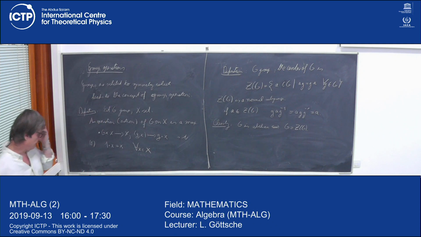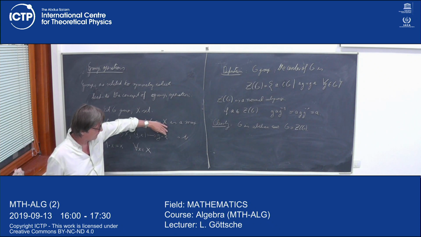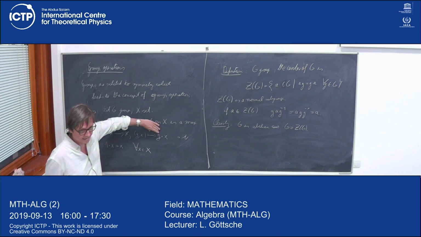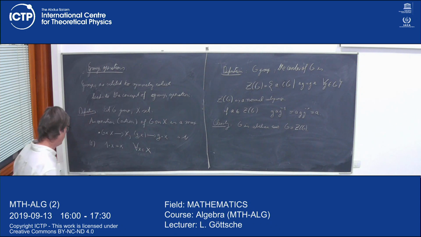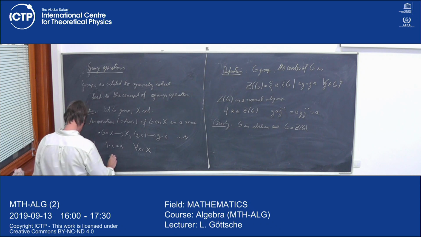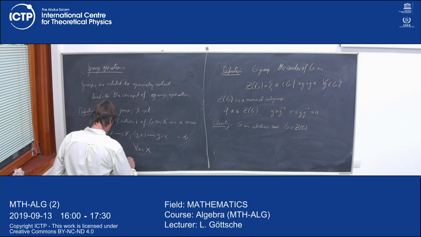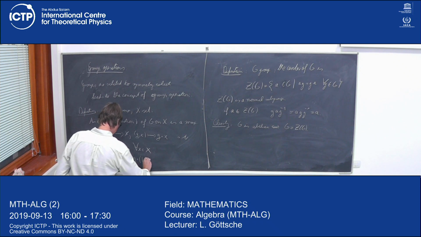And second, it should be compatible with the product. We can take the product in the group, or we can first act with one element and then act on the result with the next, and this should give me the same thing. That means (g h) times x is equal to g times (h times x).